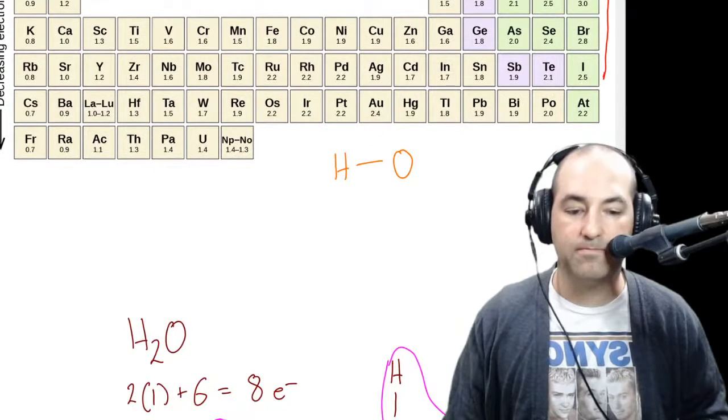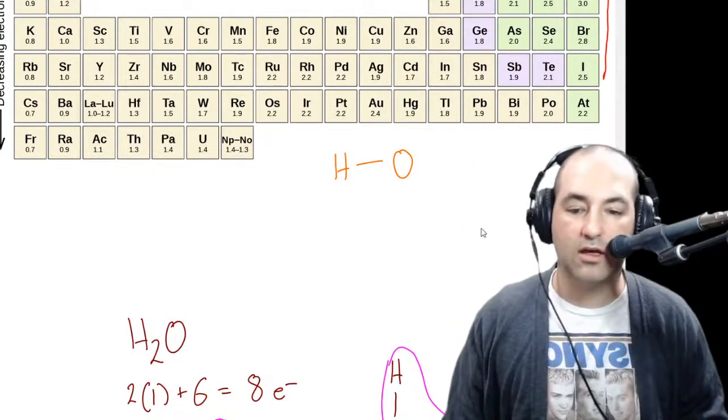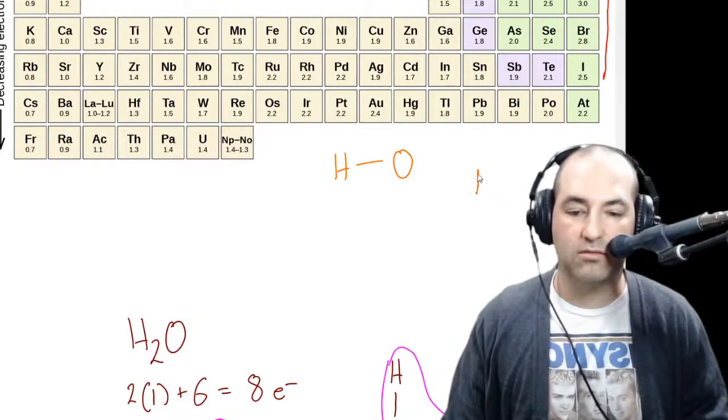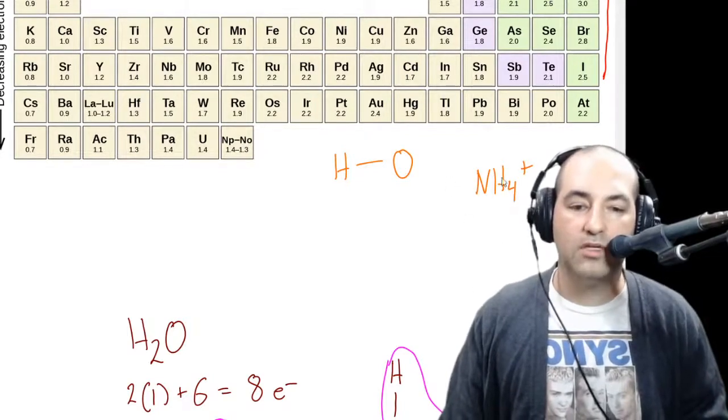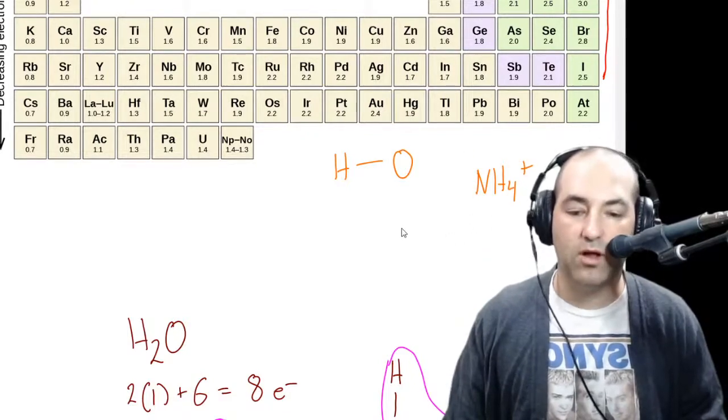So like Alyssa asked about electronegativity for polyatomic ions. If we had a polyatomic ion like, let's say, NH4 plus, how could we deal with polarity and electronegativity with that ion? Well, we'd have to first come up with a Lewis structure, which is this.